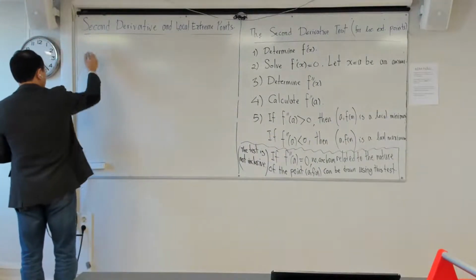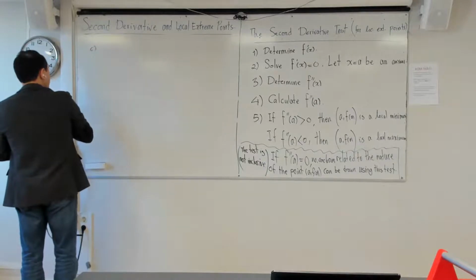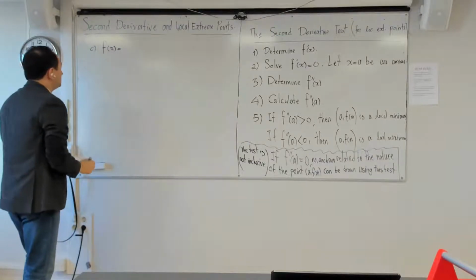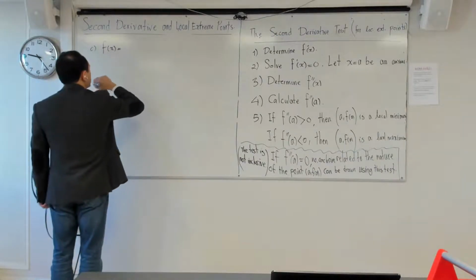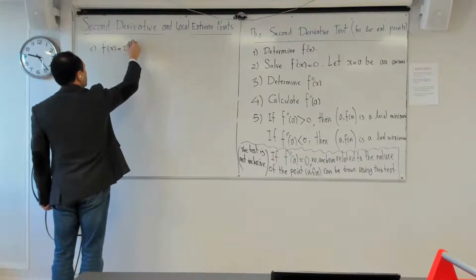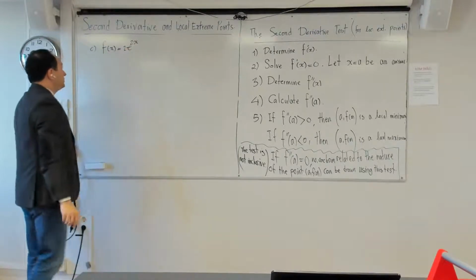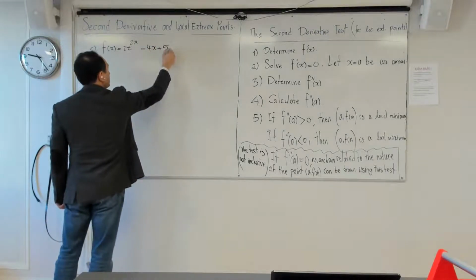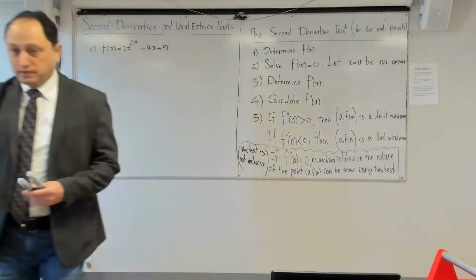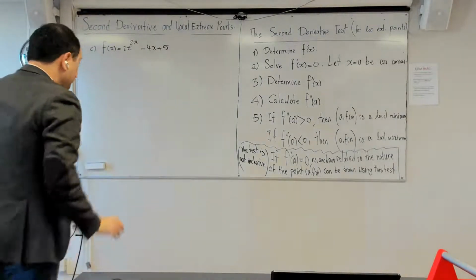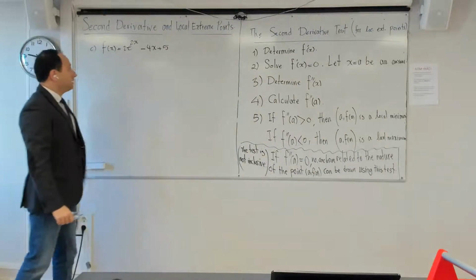It's part C, I suppose, yes? f of x is equal to, let me give you an exponential function, for example, 2e to the power 2x, and then minus 4x plus 5, sorry for that. Okay, so this is my function.